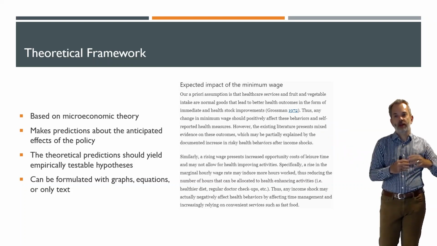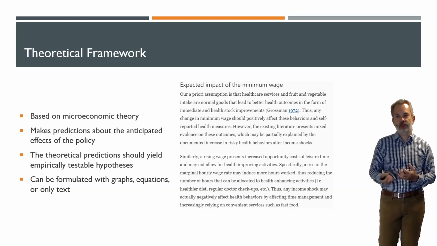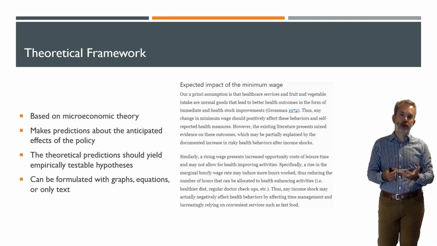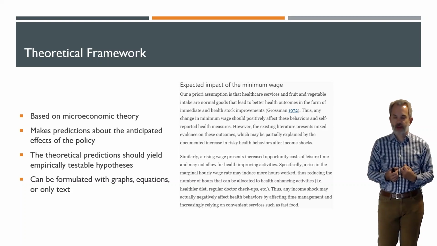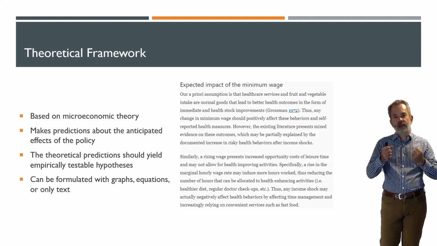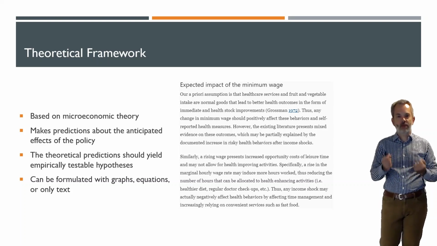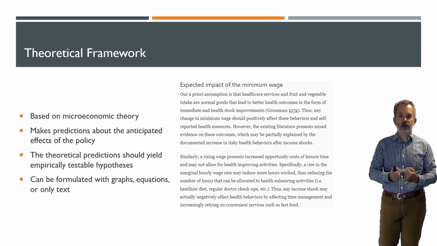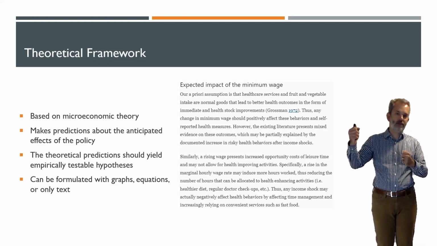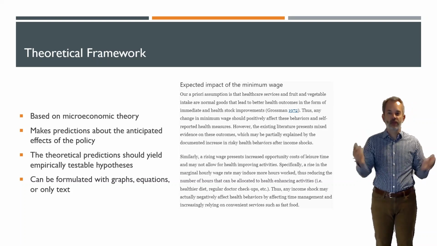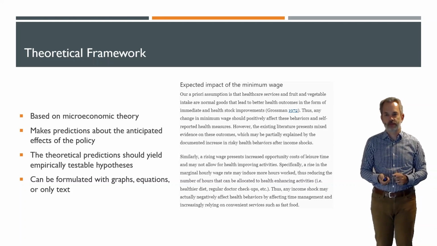On the other hand, if some of this consumption is also time consuming, the minimum wage increases the opportunity cost of consuming those goods, so it's going to decrease consumption of those goods. So in their framework, the interesting question is that there's an ambiguity about how the minimum wage is going to affect consumption. The income effect says more, but the substitution effect, or the opportunity cost effect, says less. And they're really thinking about the balance between those two.